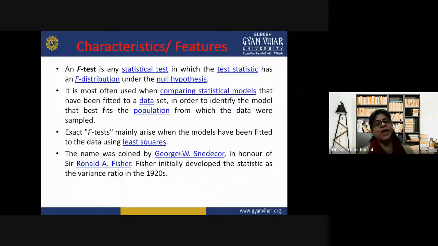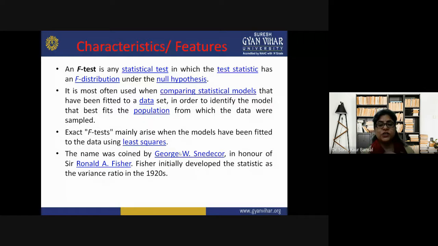Exact F-tests mainly arise when the models have been fitted to the data using least squares. The name F-test was coined by George W. Snedecor, in honor of Sir Ronald A. Fisher.